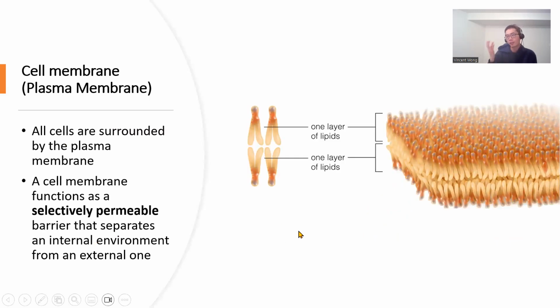One of the three common features of a cell is that they have a cell membrane. Another name for cell membrane, as I have been telling you, is plasma membrane. This is not the first time you saw a picture like this. I also showed it to you in lecture 2. The cell membrane is made up of phospholipids.